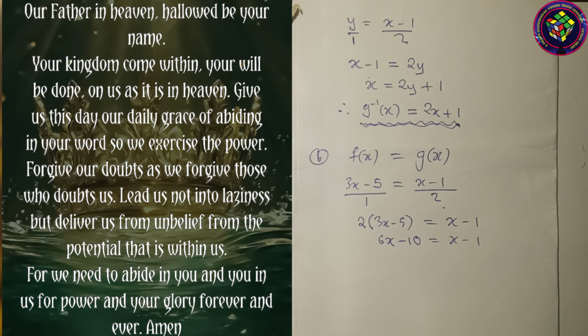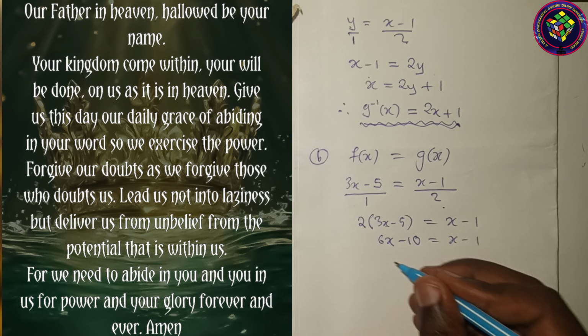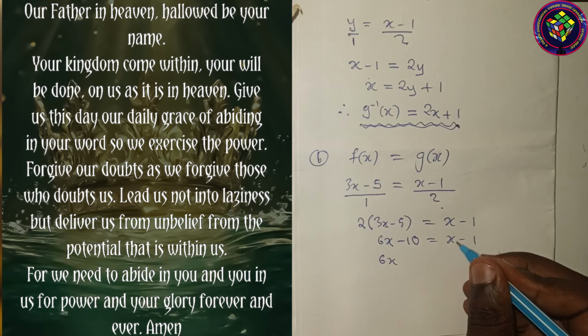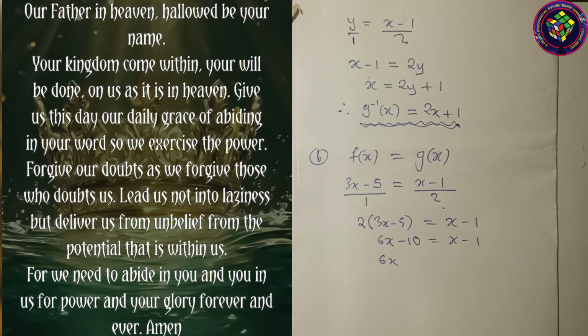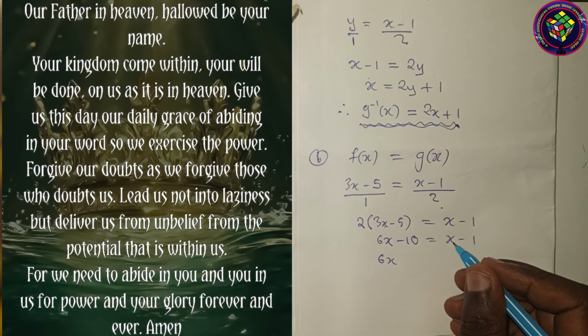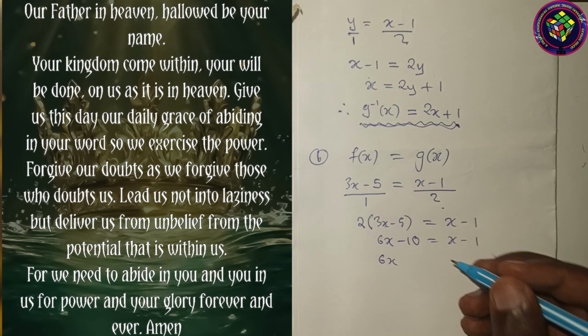Then at this stage, you can just collect like terms. Okay, so 6x will go with this x here. Now this x is from the other side of the equation. When you bring it here, it will be a minus. Since here it is positive, this side it will be a minus.